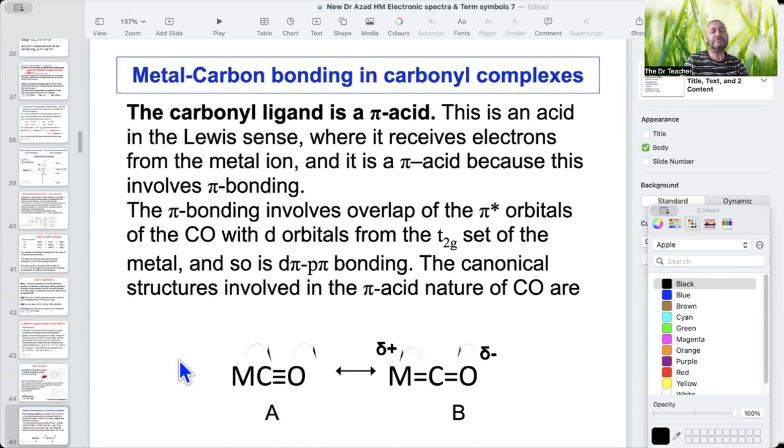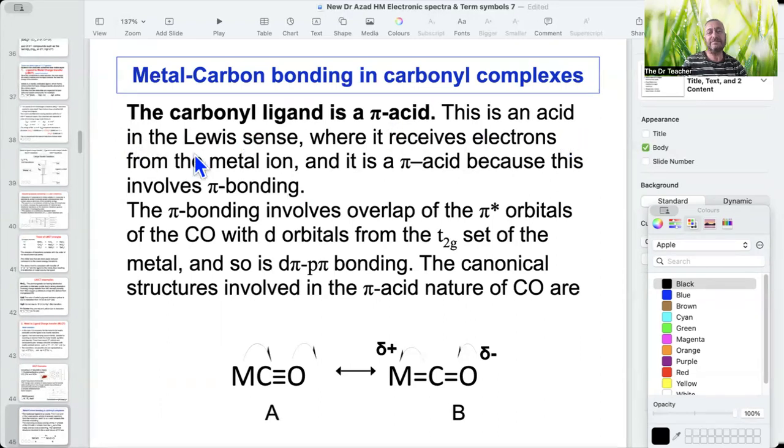Metal to carbon bonding. You can transfer between metal and carbon. Carbonyl ligand is a pi acid. Why pi acid? It means carbonyl receives electrons, so the metal is losing electrons, oxidized.